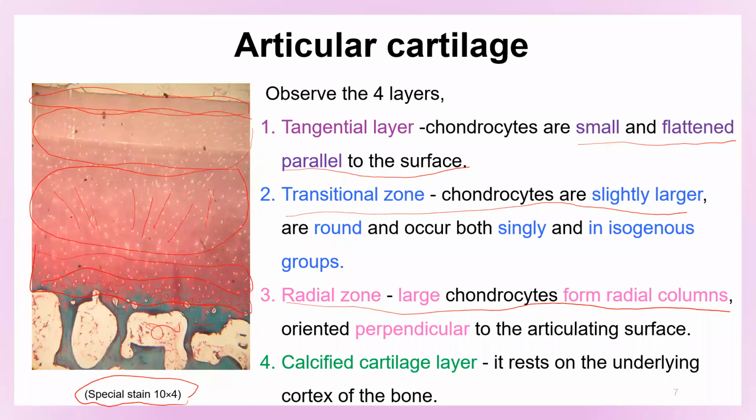Either they are parallel to the surface or they lie perpendicular to the surface in radial columns. So this arrangement helps the articular cartilage to withstand a lot of stress and be free of friction during all the movements of the limbs.